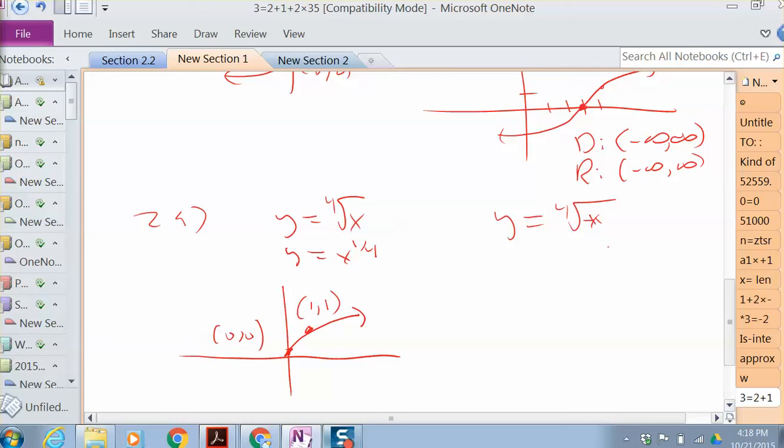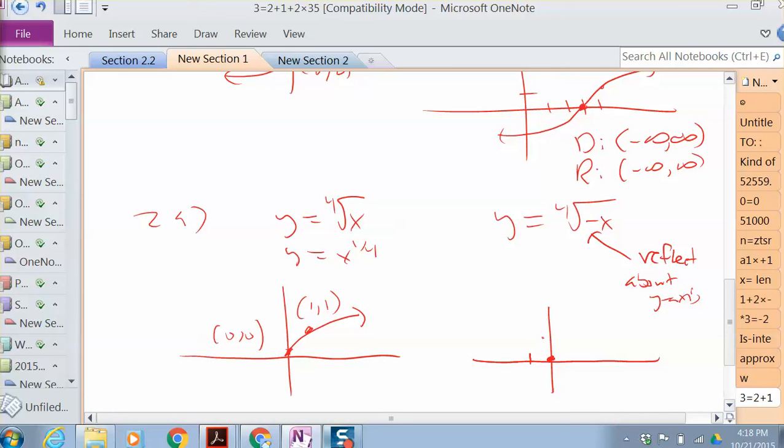Now, what does the negative on the inside do? If you thought reflection, that's fantastic. More specifically, you don't reflect about the x-axis, you reflect about the y-axis. And here's the reason why. If you plug in 0, that's 0, but you can't plug in 1 for x.